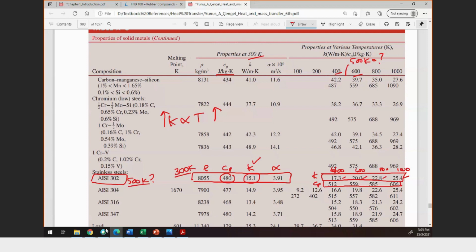When you cannot find the value given in the tables, one way to find it is by using interpolation.